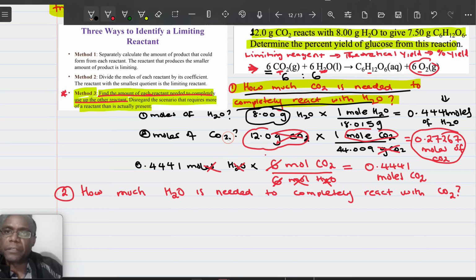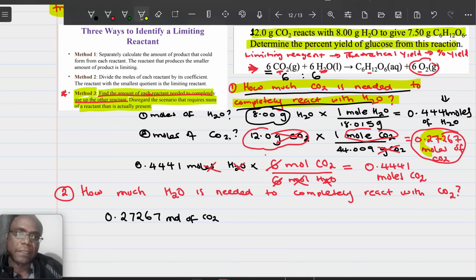So we already know the moles of water and CO2. In this case, I'll start with the moles of CO2 because we're going to the moles of water. So I'll say 0.27267 moles of CO2, which is what we calculated right here, where I'm highlighting in green currently. In this step right here, we found these moles of CO2.